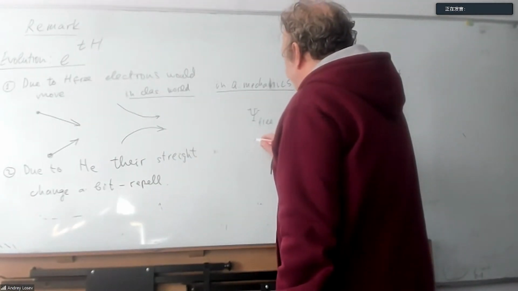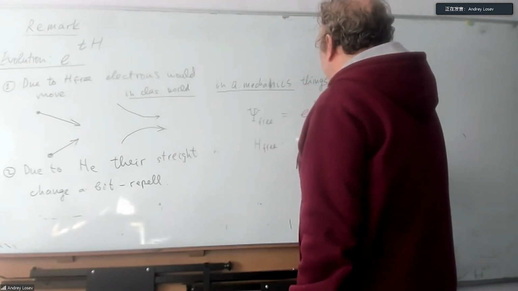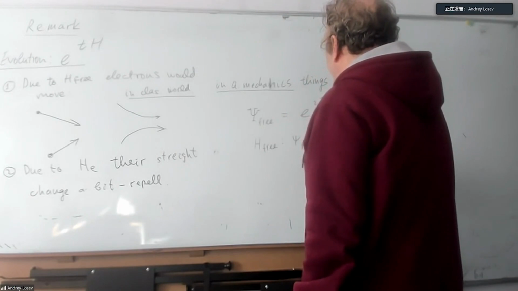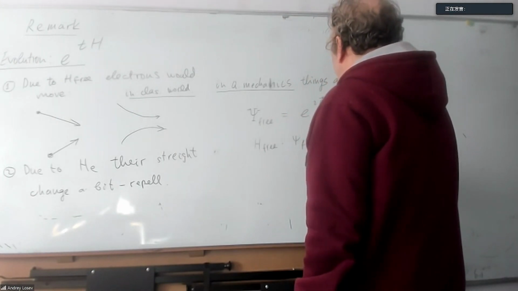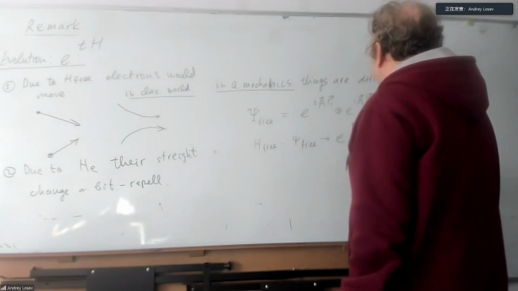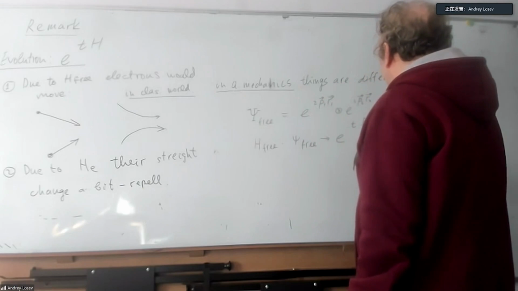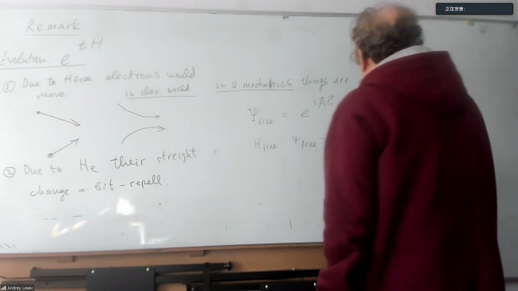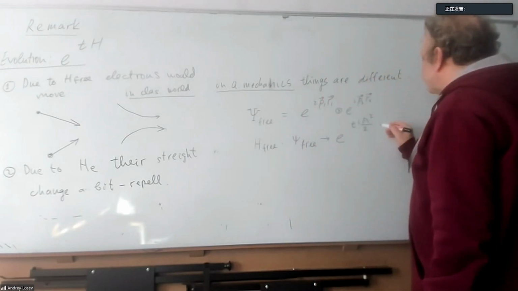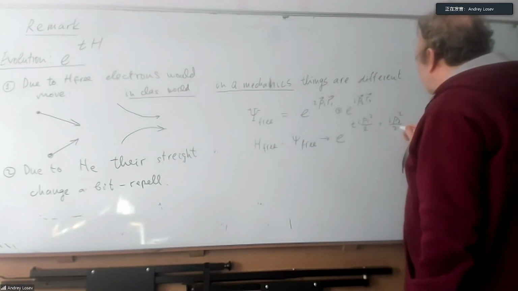Now H3 takes psi 3 to e to the it P1 squared over 2 plus iP2 squared over 2.